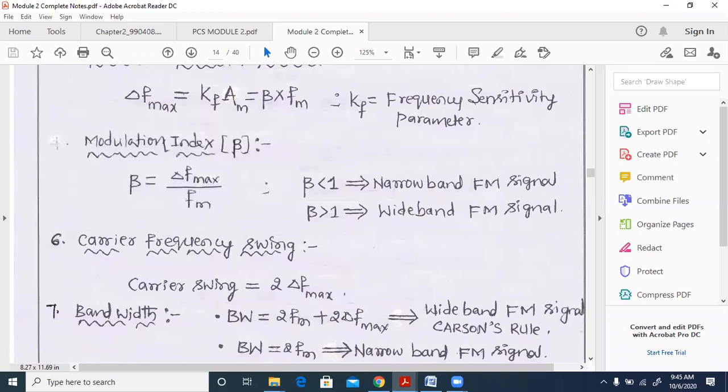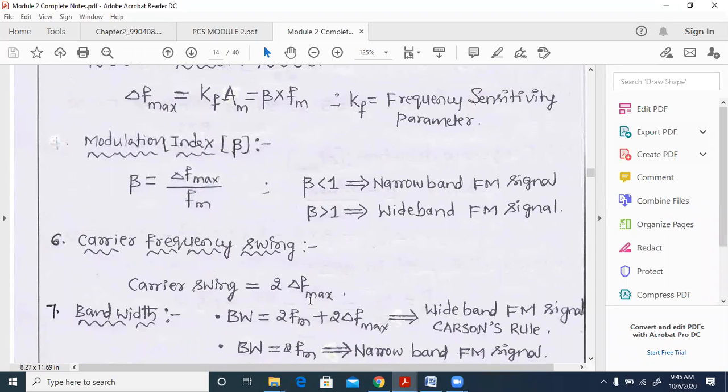When beta is less than 1, then del f max is only a small part of the fm. So therefore, sometimes we write here 2 fm into 1 plus, I think, might be beta.